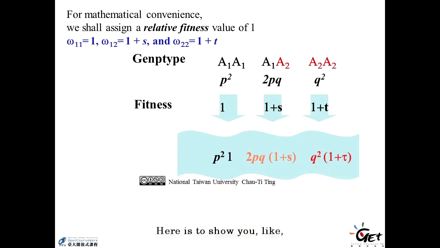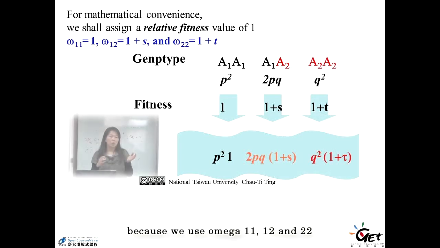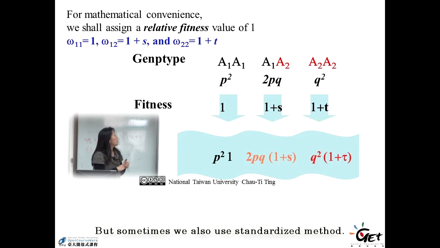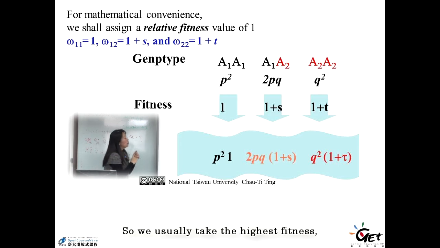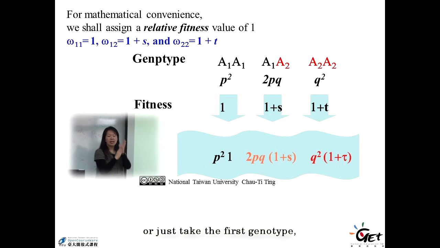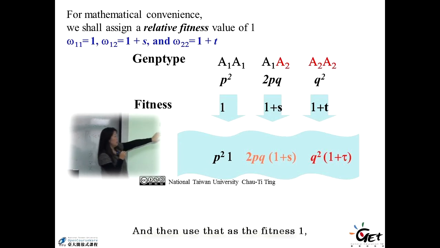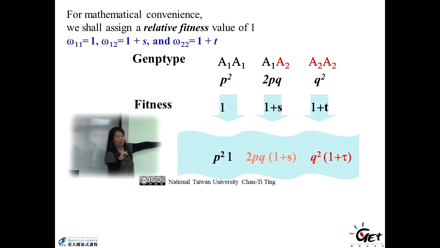Here we used omega 1,1, 1,2 and 2,2 as the relative fitness, but sometimes we also use a standardized method. We usually take the highest fitness, or just the first genotype, depending on how people do it, and use that as the relative fitness of 1.